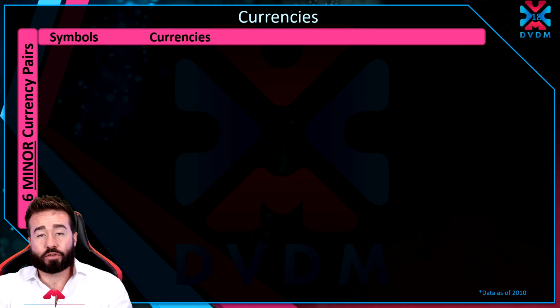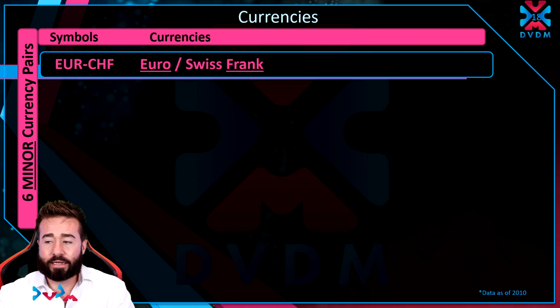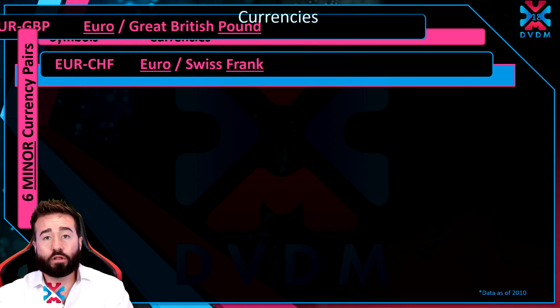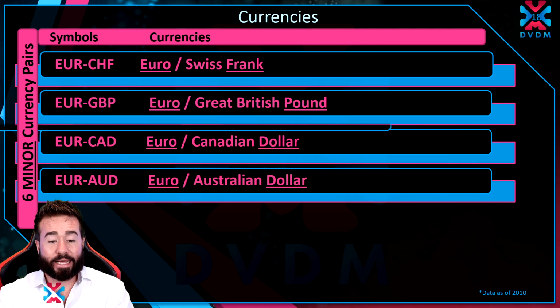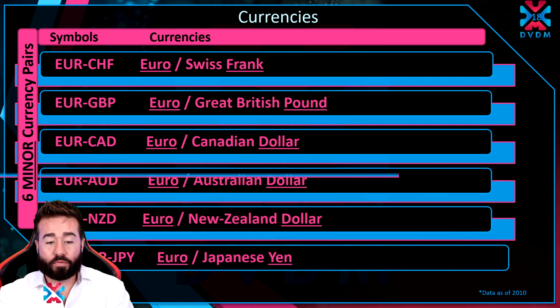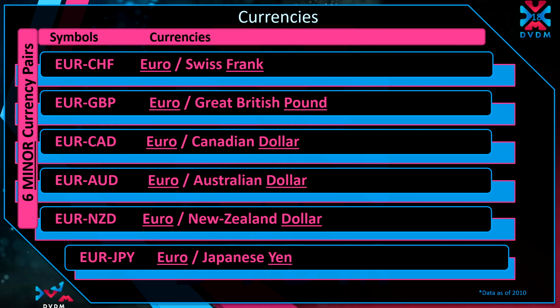So up next we have what's called the minor currency pairs. Now these minors are a combination of all majors, listed together with the exclusion of the United States dollar. All right. Now, these all have the euro as the common denominator. The euro at this particular point is the base currency, but there are many different minor currency combinations.